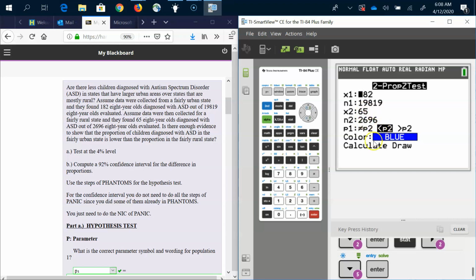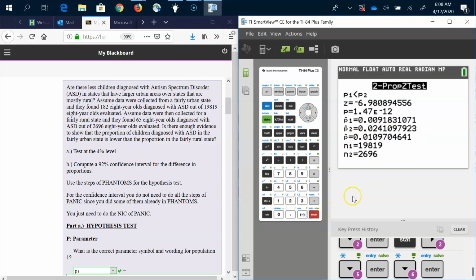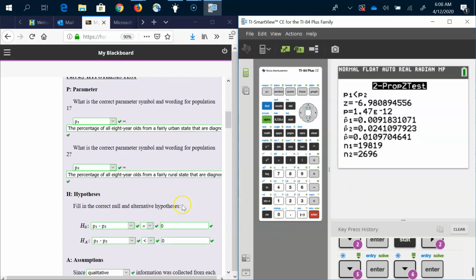We want less than. Okay, so that's all correct.